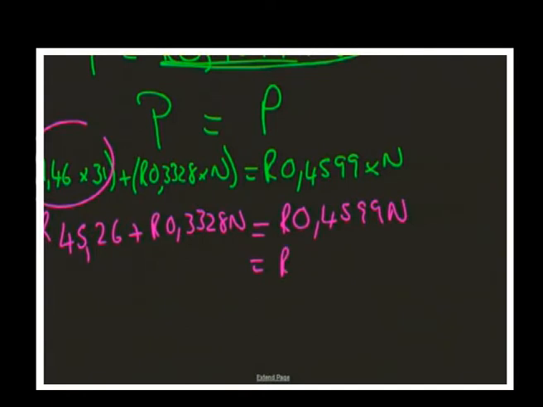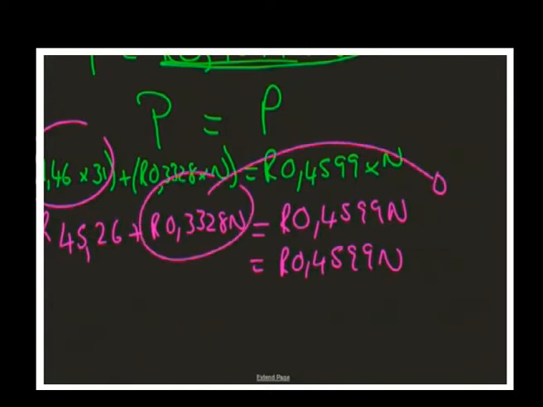So we're going to say, right, I've got 0.4599n. I'm taking my other n, this whole thing here, let's take it across there. And I'm going to say minus 0.3328n. Okay, and this side I'm left with 45.26.